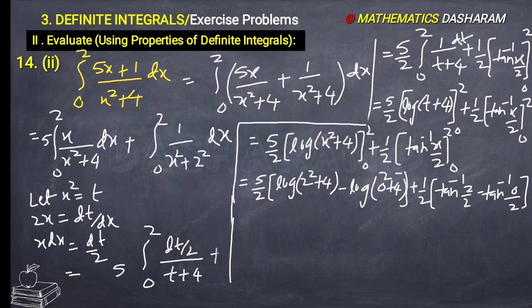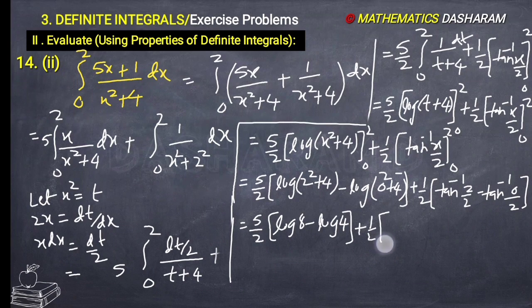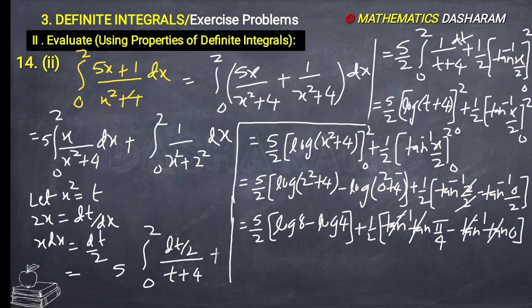So it is equal to 5 by 2 bracket of log of 2 square plus 4, which is 8, minus log of 0 square plus 4, which is 4, plus 1 by 2 bracket of, here the 2s cancel, tan inverse 1, which can be written as tan pi by 4, minus tan inverse 0, which can be written as tan 0 degrees. Tan inverse and tan cancel.